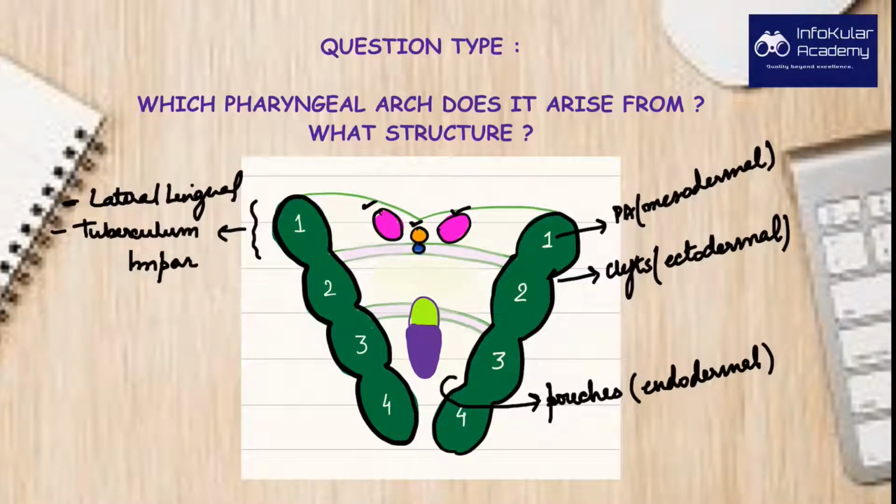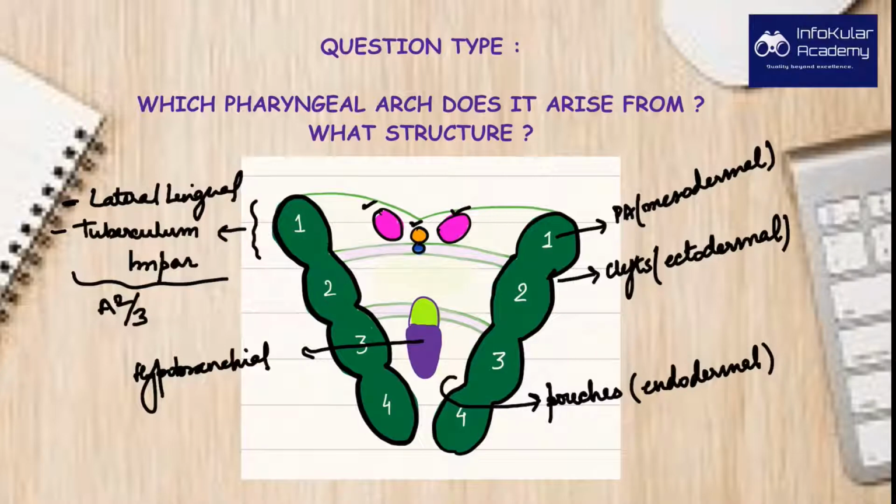These 2 combine together to form the anterior 2/3 of the tongue. So the 2 lingual swellings and the median tuberculum impar, which also means unpaired swelling, form the anterior 2/3 of the tongue.